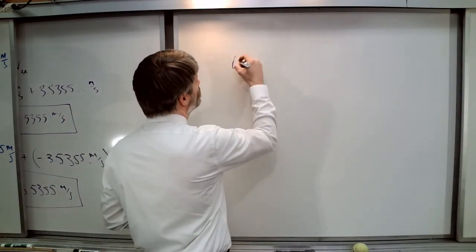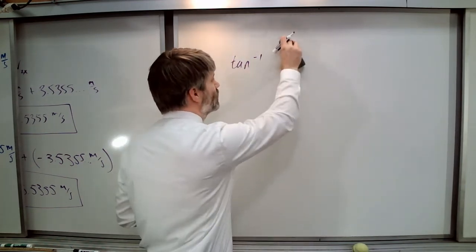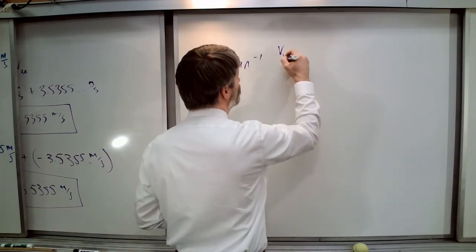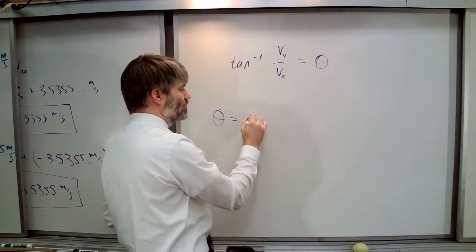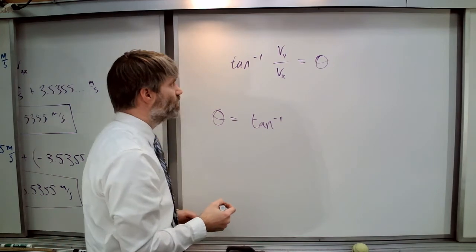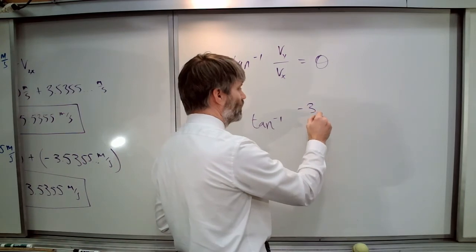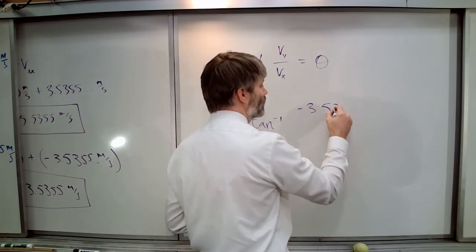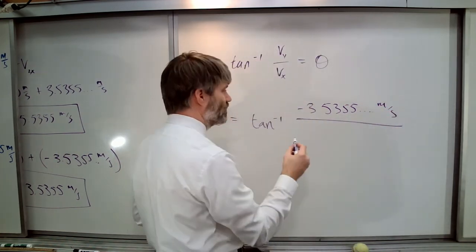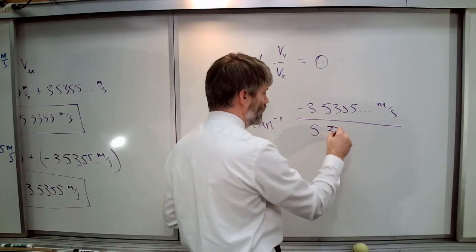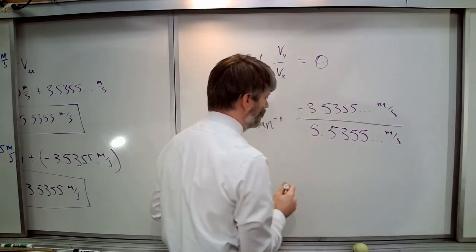So Vy in this case is going to be negative 3.5 meters per second over positive 5.5 meters per second.